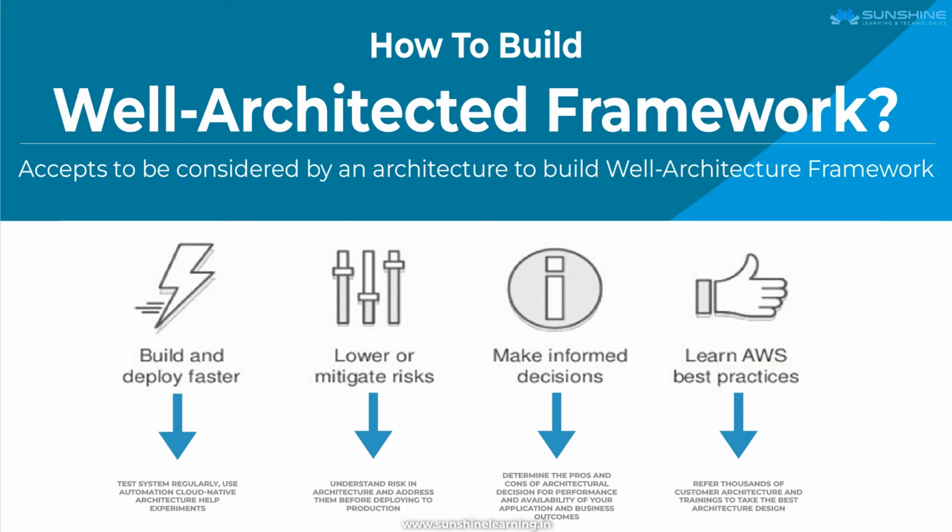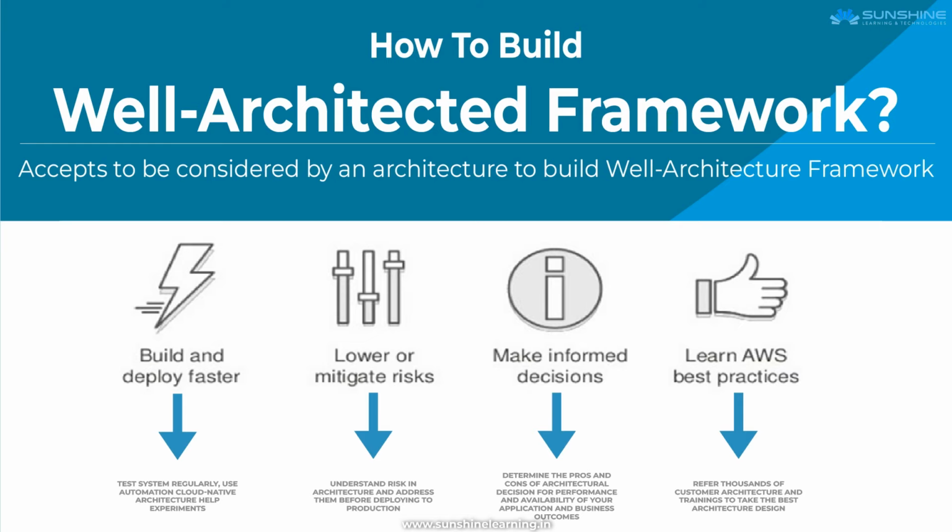What about the failovers? How about the redundancy, and what is the backup plan for disaster recovery? These are the risks that need to be identified before deploying any kind of solution to a production environment.